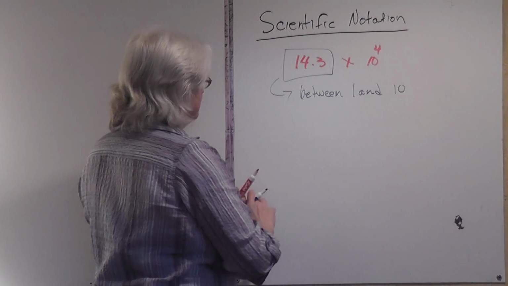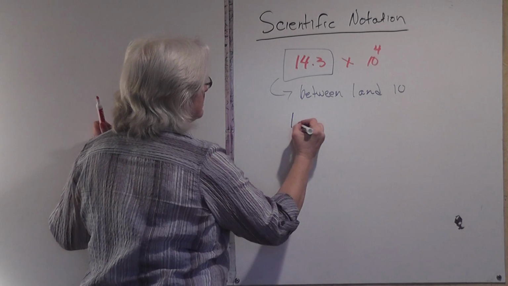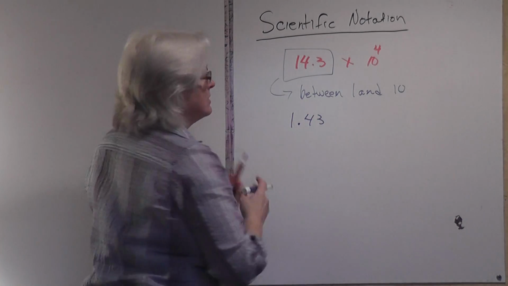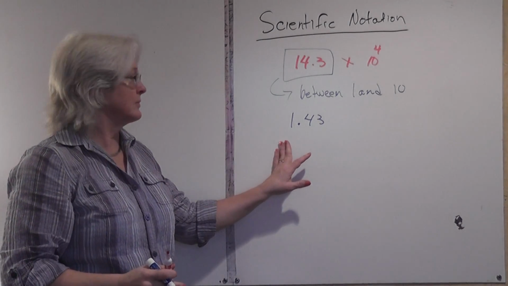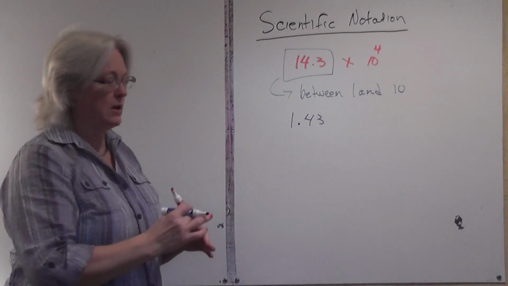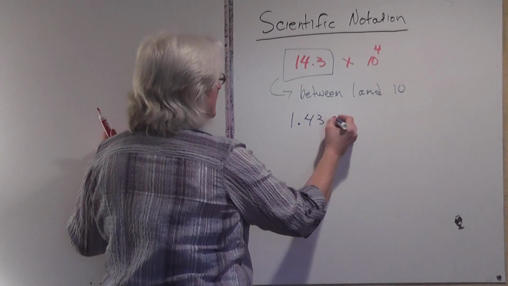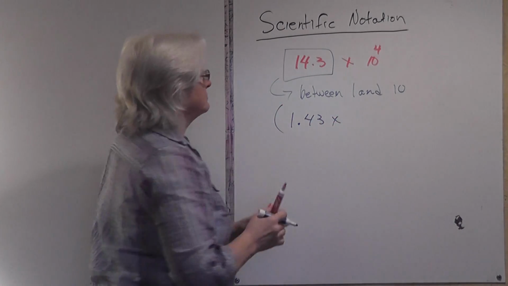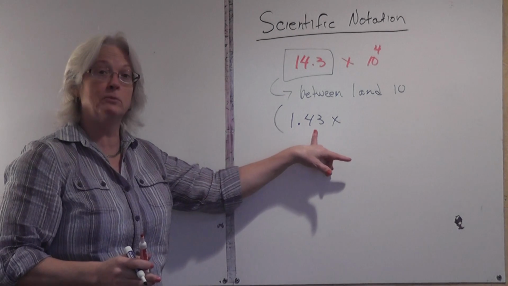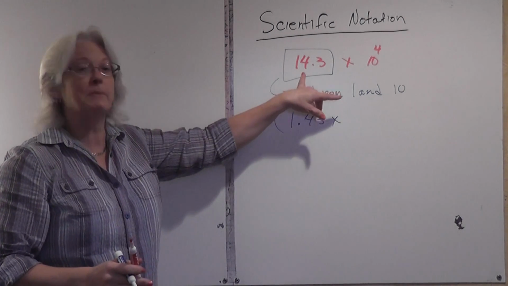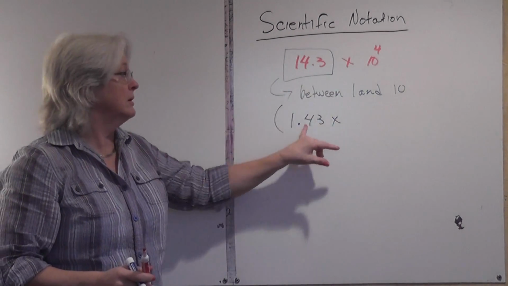How do we do that? We relocate our decimal place so that it's between the first two non-zero digits. Okay? 1.43. What power of 10 do we have to multiply by? How many places do we have to move that decimal point to get back to our original number?